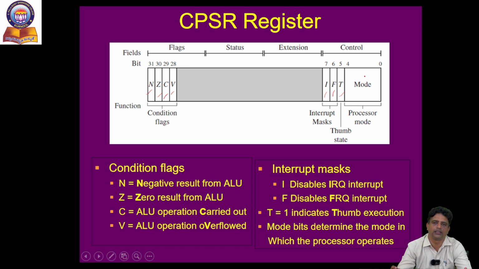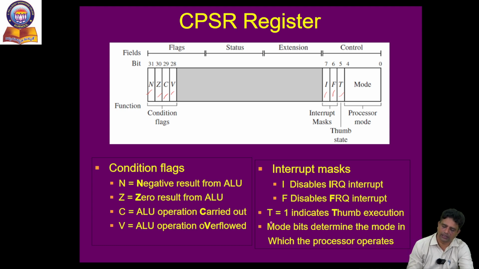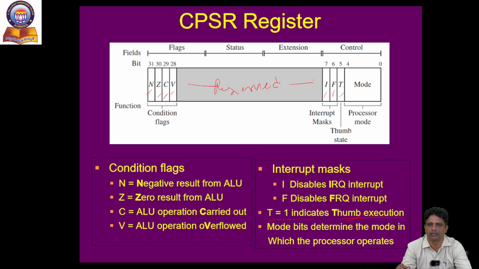Thumb mode is a place where we can reduce the size of the instructions. If T is equal to 1, it indicates thumb execution, where instructions can be shown in shorter form, so we prefer thumb instruction arrangements. The remaining bits are reserved for other versions or later operations. This is the arrangement mostly used for processor applications in user mode and all.